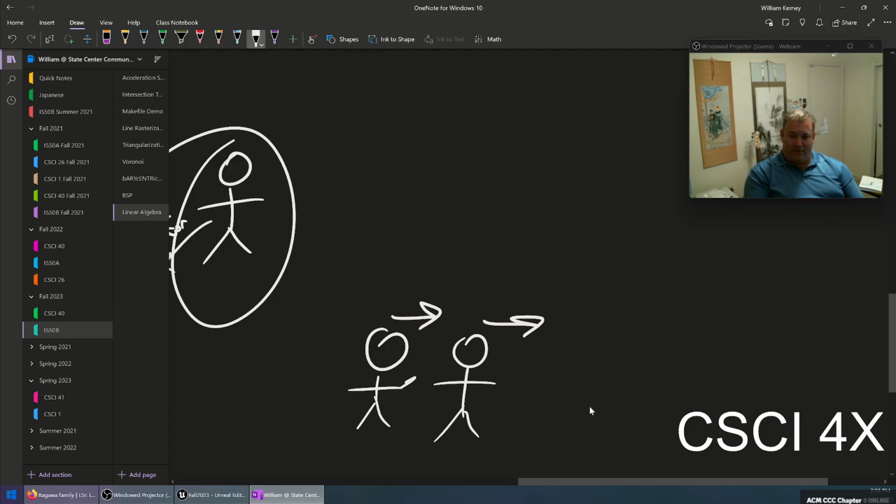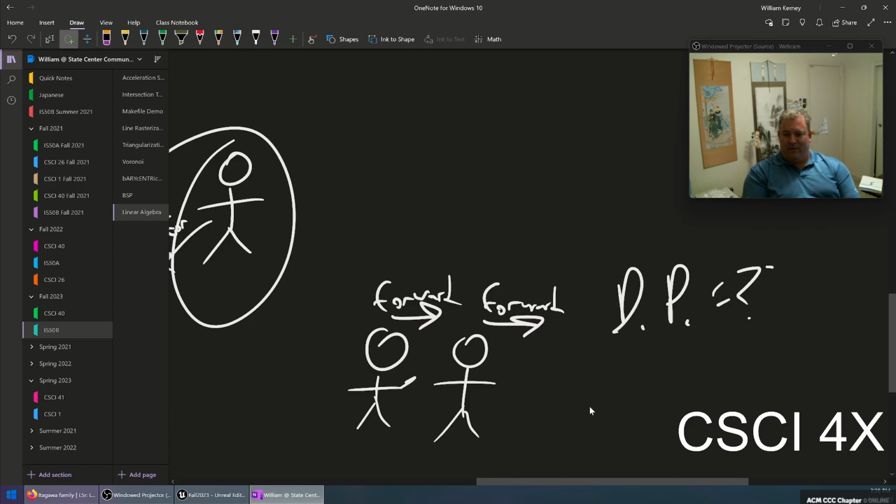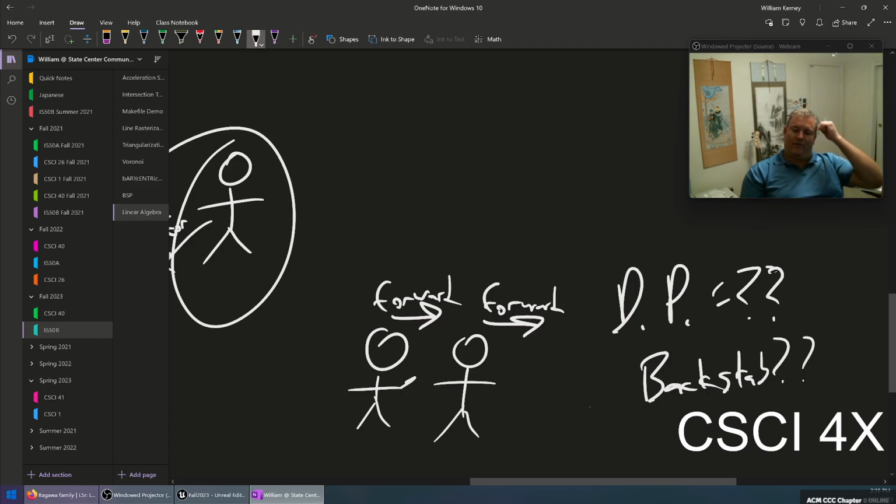So this is the forward vector of the guard or whatever. This is the forward vector of the player. The dot product equals what for a backstab? What values should we allow for a backstab?